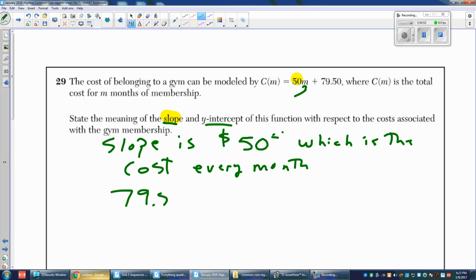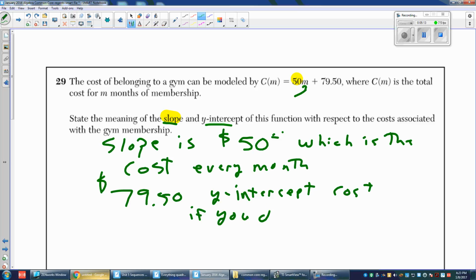So what's the startup cost? The startup cost is $79.50. The $79.50 is the y-intercept. And that's the cost if you do nothing.